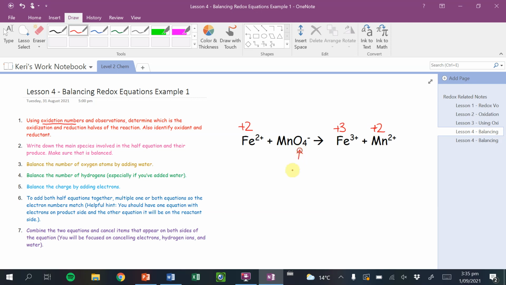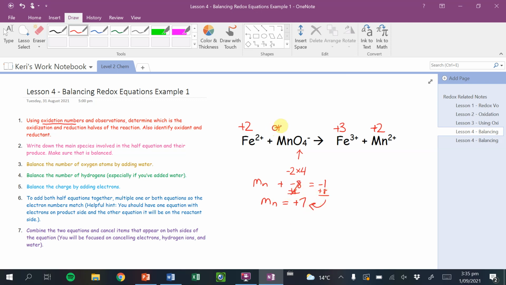Oxygen is -2, and I have 4 of them, so -8, and it's supposed to equal -1. So when I do the math, the manganese in the permanganate is going to be +7. I hope you can see where I've got that from. And that's where I'm getting that 7 from.